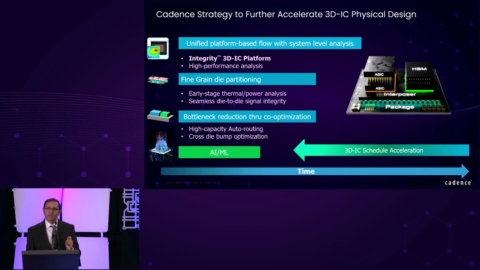Fine-grained die partitioning automation is available today, and we see that as the future that will enable some of these complex HI structures. We have identified some bottleneck reduction technologies, and we are solving them through co-optimization with package and dies all in the same database.